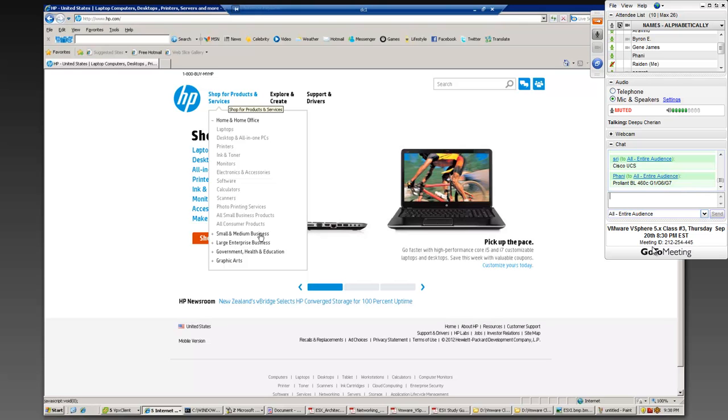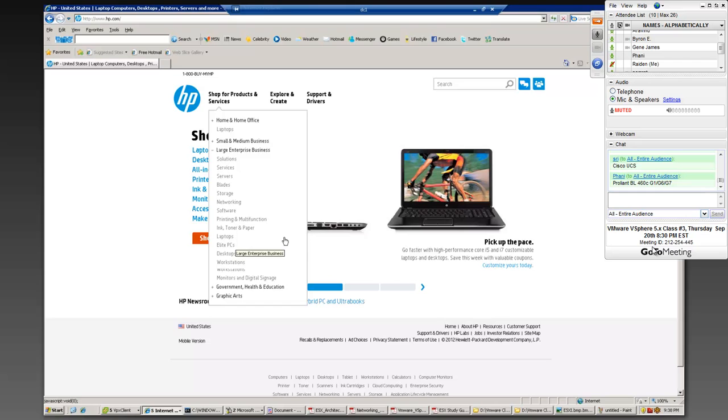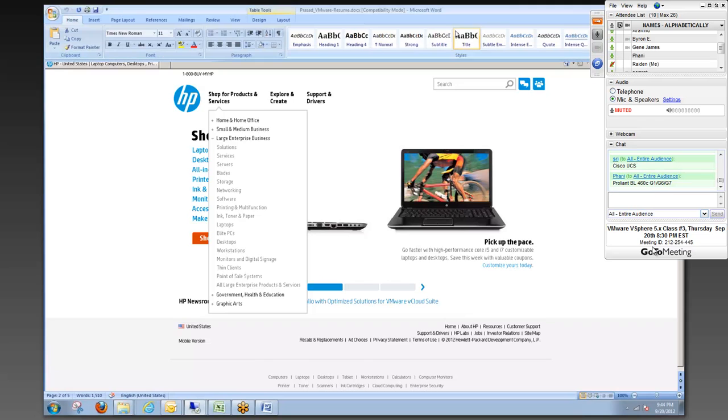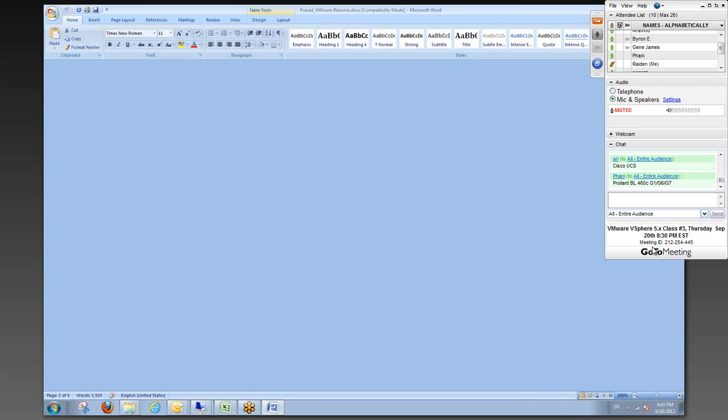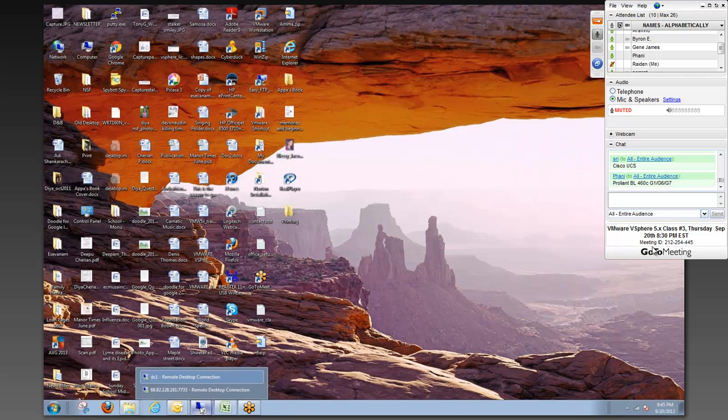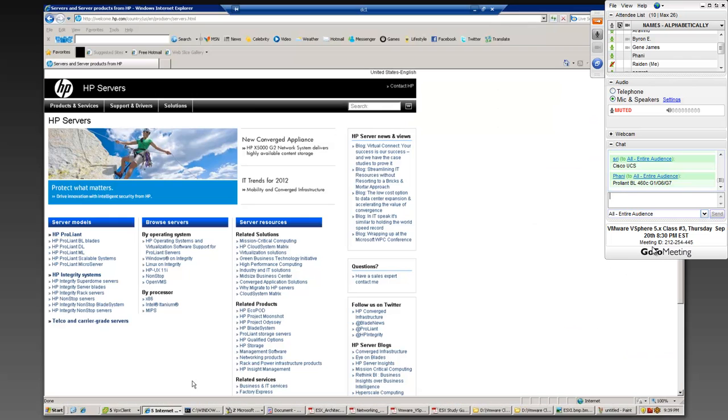Click on the large enterprise business section, and go to servers. Okay, now you go to the HP server section.